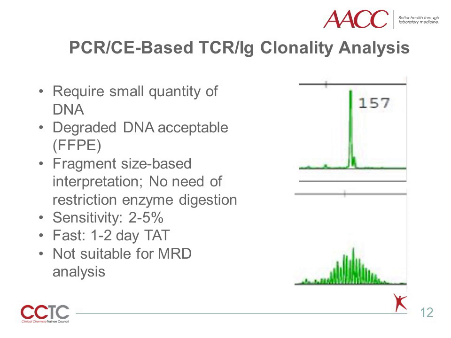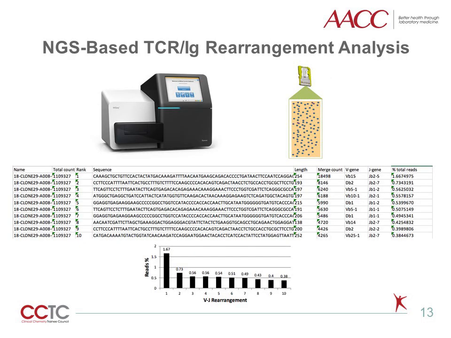The interpretation of clonality is based on the fragment size distribution pattern. Representative monoclonal and polyclonal patterns are shown on this slide. Quantitative PCR-based approaches are important for assessing treatment responses and monitoring MRD prior to availability of NGS-based assays.